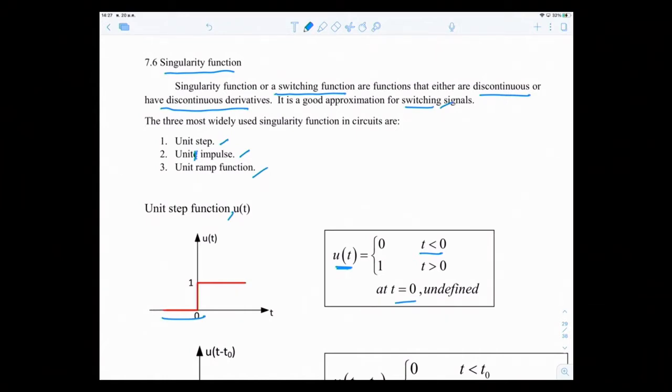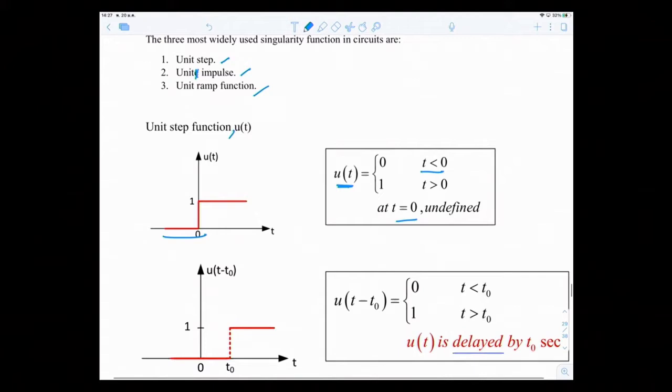Well, there's also a shifting that you can do. It doesn't have to be at t equal to 0 all the time to have the step. If you want to delay or advance it a little bit, this is the way we write it. If you want to delay it, a normal unit step would start at 0, but you want to start a little later. The way I remember is that it's supposed to come at 0, but it steps up at t equal to t0.